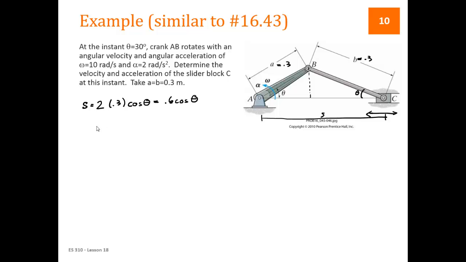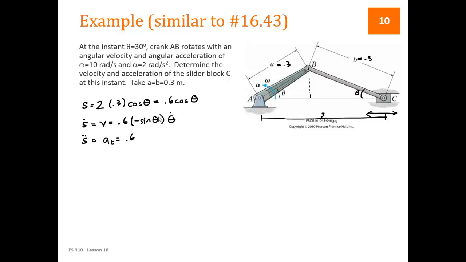Now let's take some time derivatives. We get S dot, which is V, equal to 0.6, the constant, times the time derivative of cosine of theta. The derivative of cosine is negative sine of theta, but theta itself is dependent on t, so the inner derivative is theta dot. Then we take another time derivative, S double dot, which is A. 0.6 is still a constant.